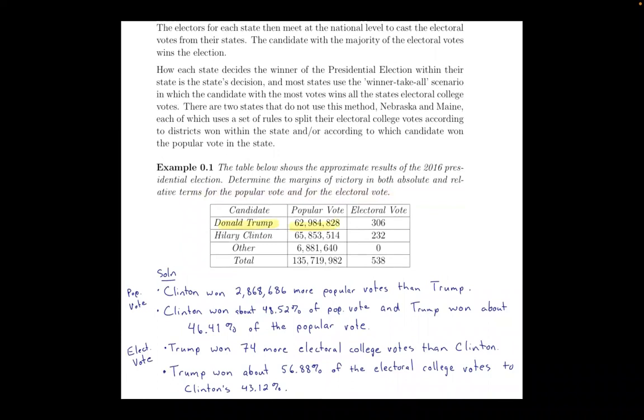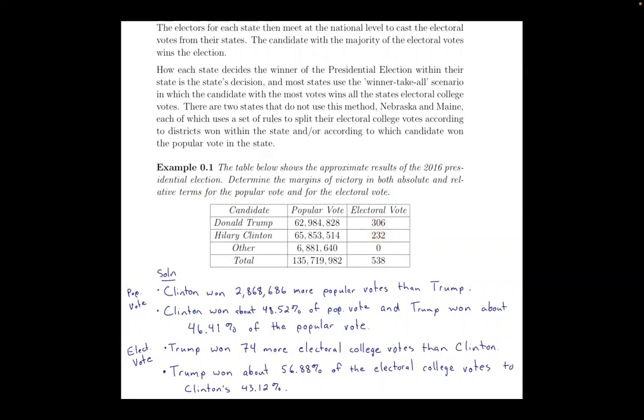In general, he received 62.9 million votes approximately. Hillary Clinton received 65.8 million votes roughly from all the voters in the US who participated in the election. And what we see is that Trump won 306 electoral votes and Clinton won 232 electoral votes.